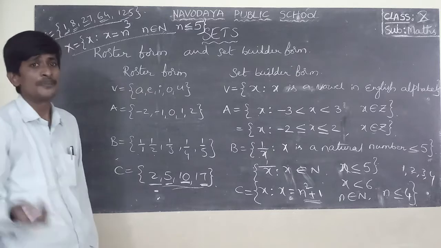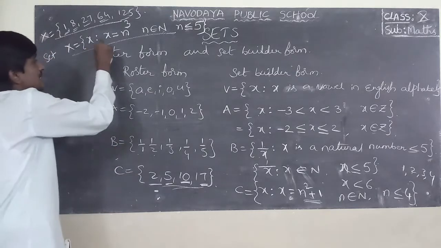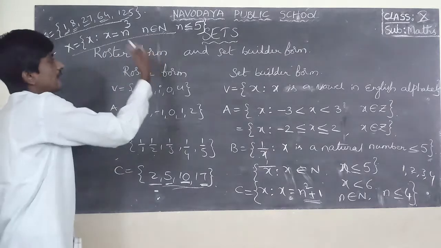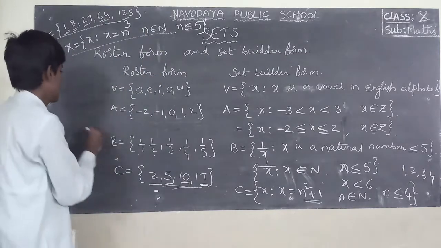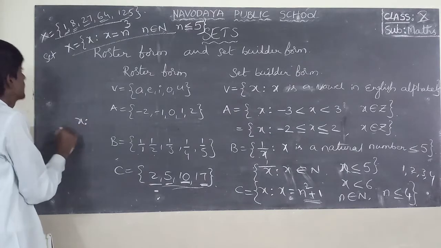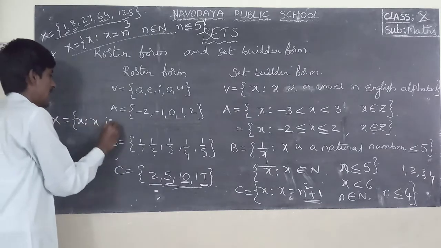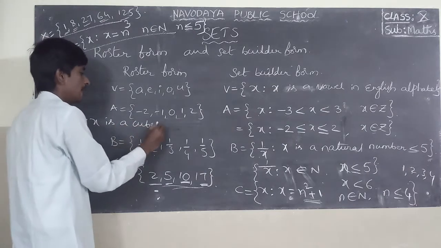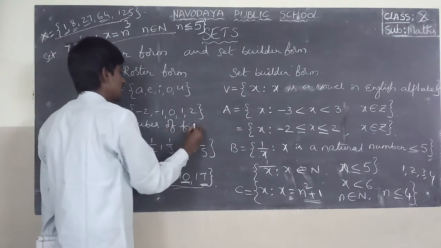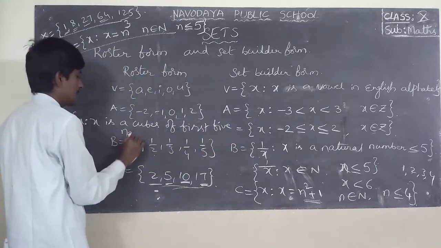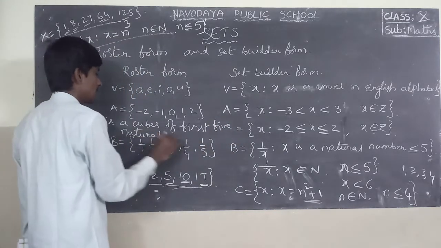Also write the sentence: x such that x is a cube of the first 5 natural numbers. You can write like this also.